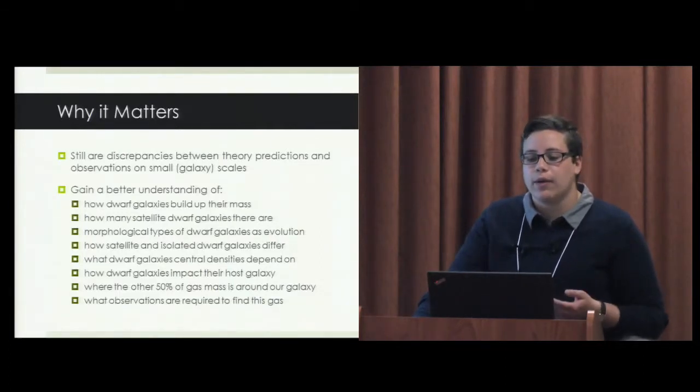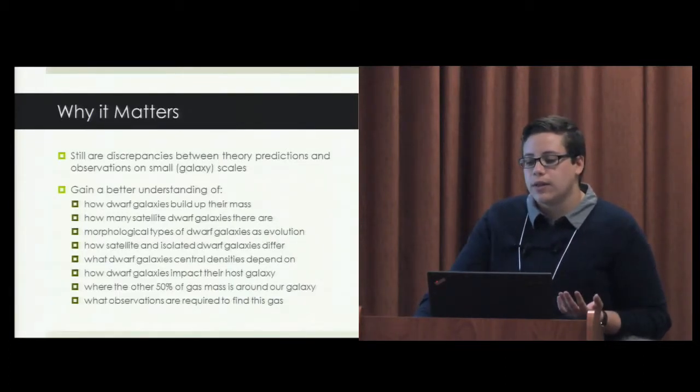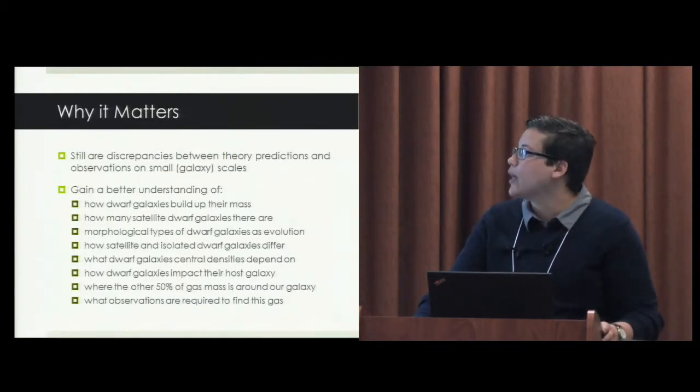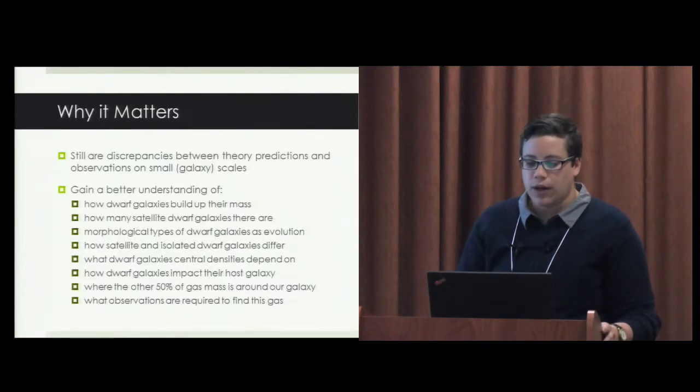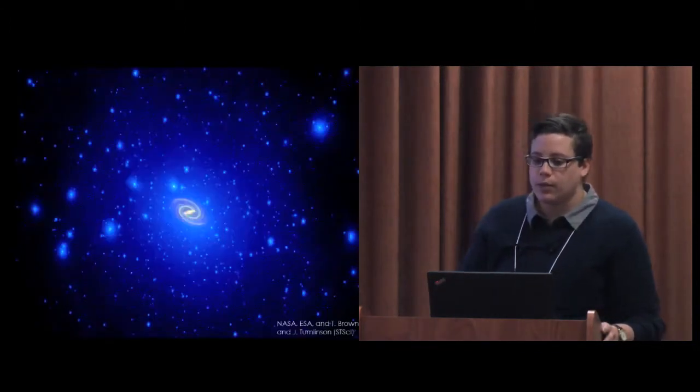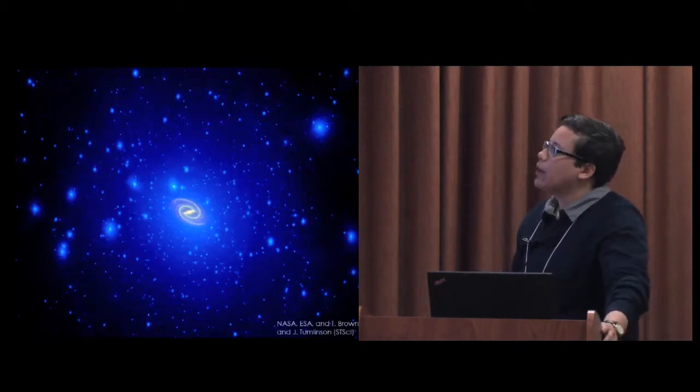We want to check that with simulations that should reproduce the universe, including gas, in addition to dark matter and stars. So we want to gain a better understanding of all these different questions, a few of which depend specifically on satellites of larger galaxies.